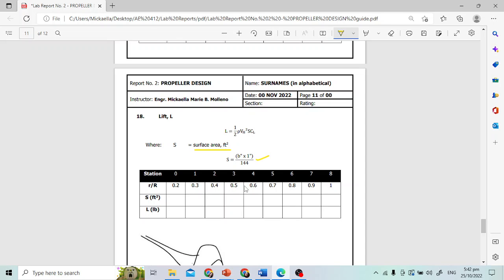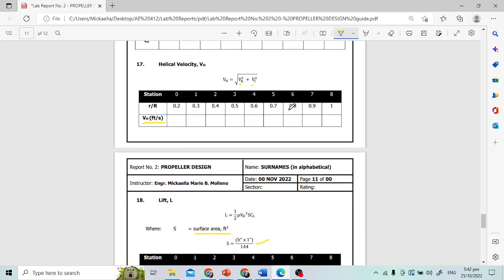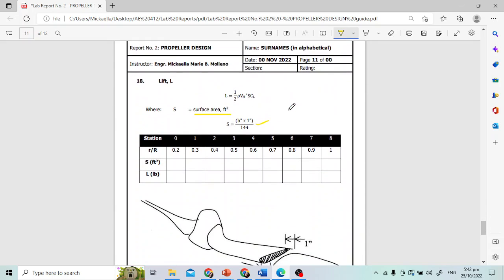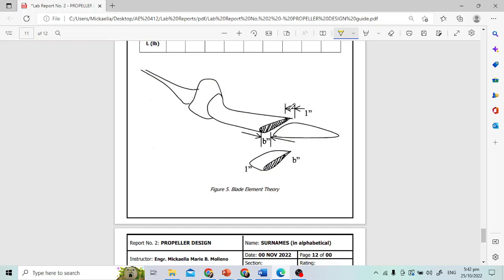So, pinrovide ko na din dyan. So, yung CL naman natin, which is yung ating lift coefficient, that you would be getting from part 16. Okay? Itong table na to. Doon siya magagaling.